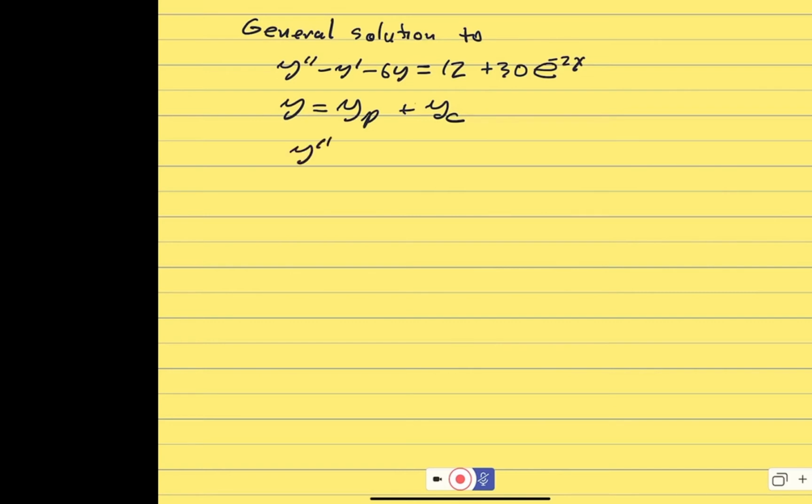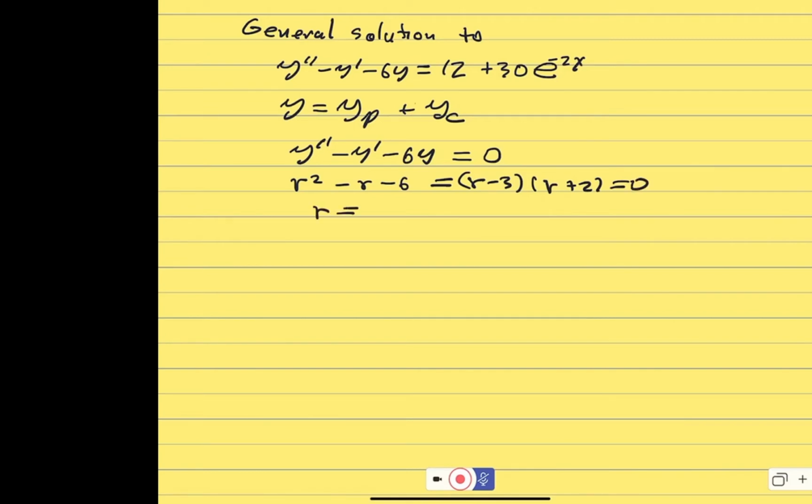That's y double prime minus y prime minus 6y equals 0. The characteristic equation is r squared minus r minus 6, which factors into r minus 3 and r plus 2. That's equal to 0.